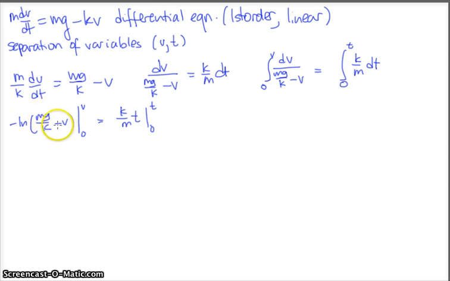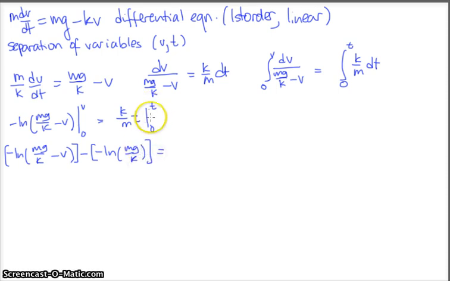So plugging in, first I plug in v, then I plug in 0. So negative natural log of mg over k minus v, minus, here's my second term, negative natural log of mg over k minus 0, equals, plugging in, k over m times t, minus this with a 0 plugged in, which is just 0.